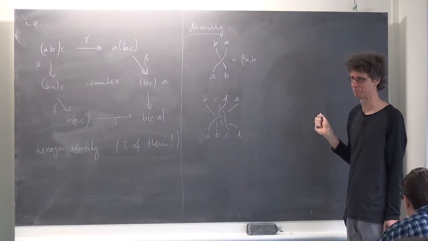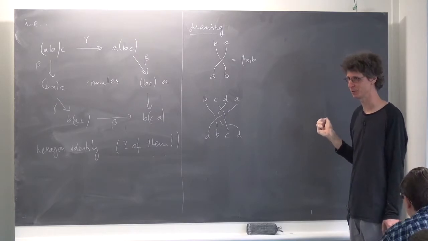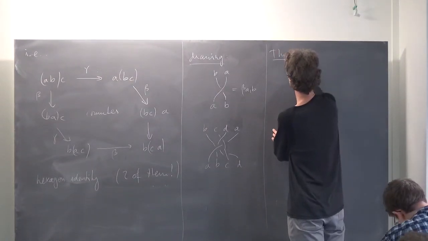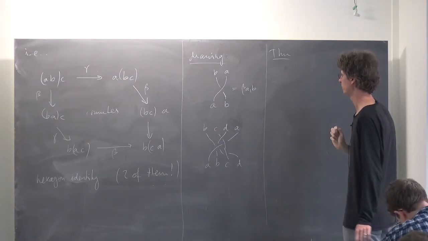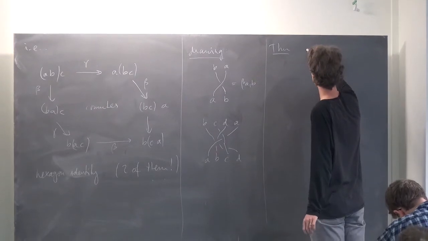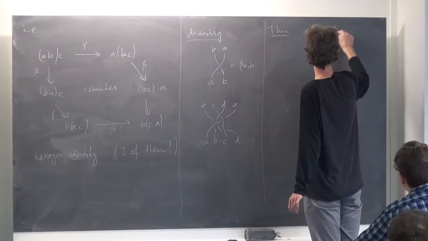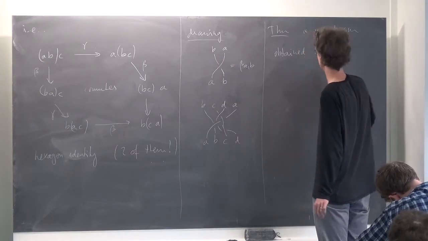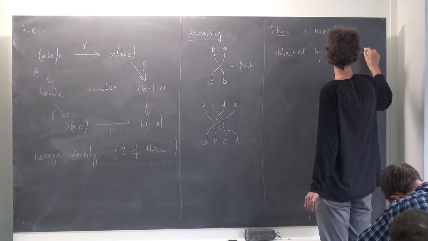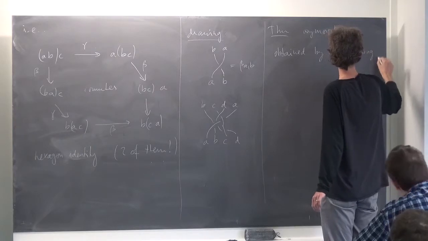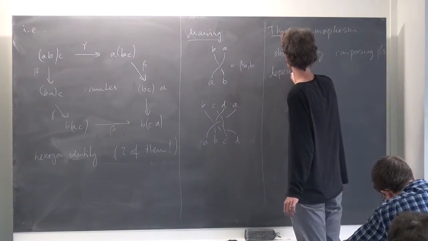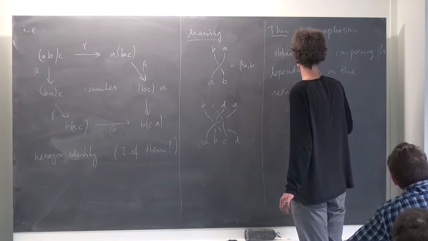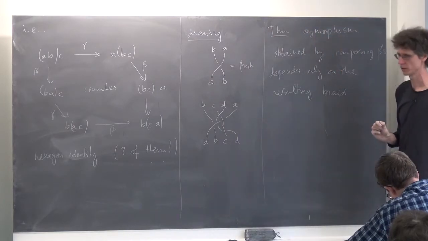But does it make any sense? Yes, it does, because now there is a wonderful theorem which says that a morphism obtained by composing betas, or any morphism by composing betas, depends only on the resulting braid.